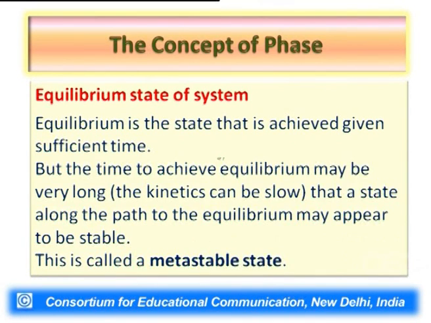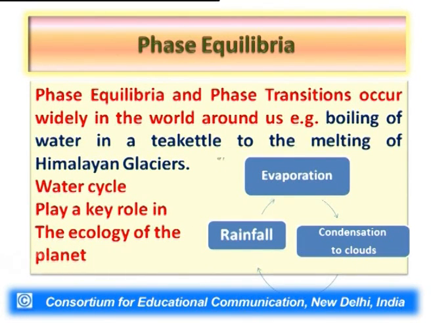So, with this concept of phase in mind, we should understand that phase equilibria is nothing but the study of equilibria between phases, and phase equilibria and phase transitions occur widely in nature, in the world around us. For example, from the boiling of liquid water in a tea kettle to the melting of a Himalayan glacier.